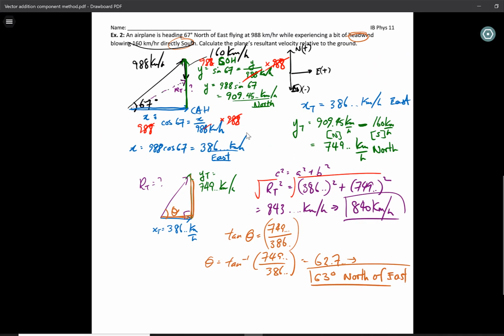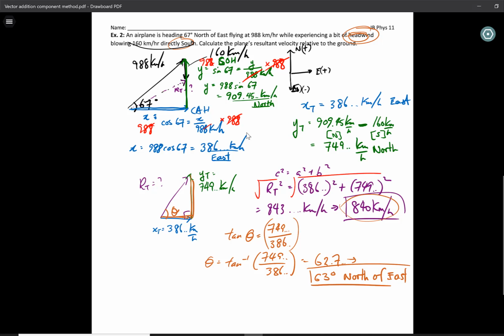Okay, so here we have the solutions. Now, notice that the plane is traveling at a little bit lower velocity than it did before because it's experiencing some headwind, which is slowing it down.